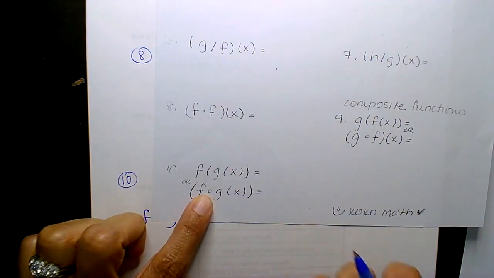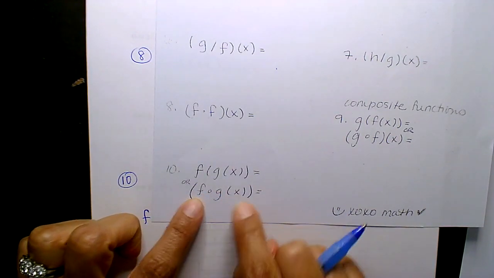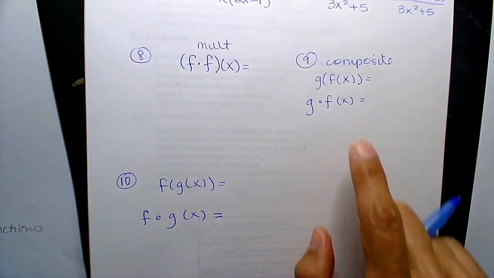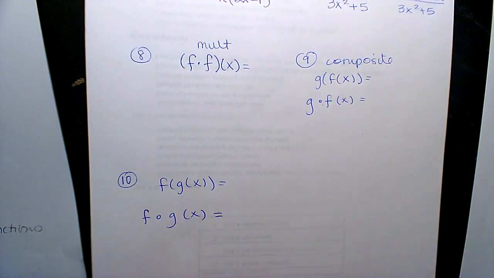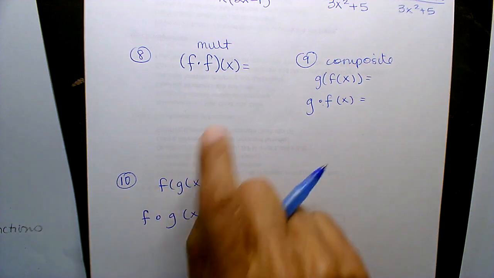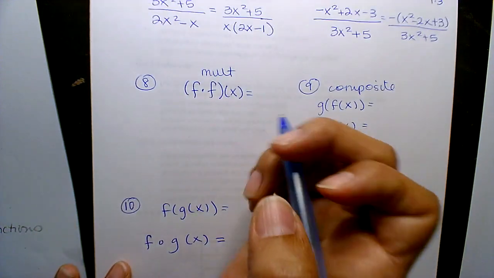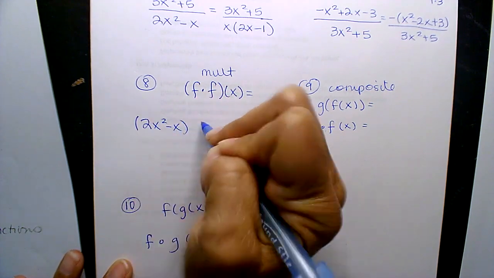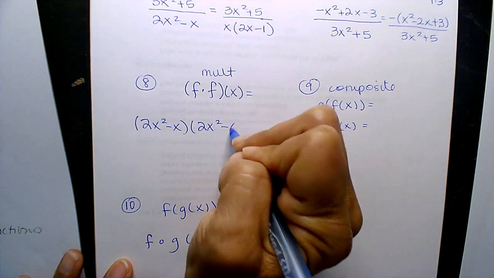If it's f of g of x, that's a composite, or g of f, but on your quizzes and tests, I'll write it this way so that you know it's a function substitution, okay? So FF is you're multiplying. So you're taking that 2x squared minus x, 2x squared minus x.